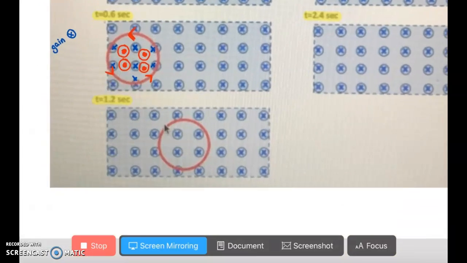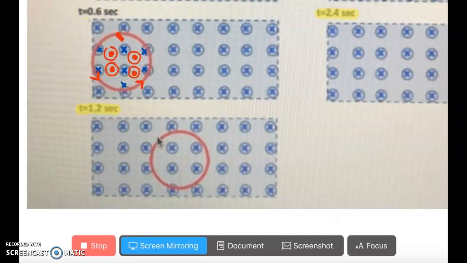Let's move on to our next transition. I'm going to clear this so we can see what's happening. We're going to go from 0.6 seconds to 1.2 seconds. Now remember, I'm concerned about the change, so let's see what I, the loop, have felt. Up here, I'm in the magnetic field. I have a downwardsness, into-the-pageness. And the next time, I'm still in the magnetic field, and I still feel the same amount of downward, into-the-pageness.